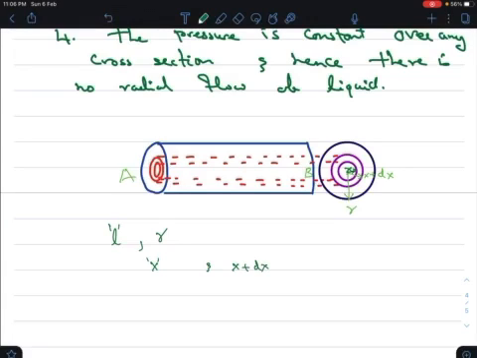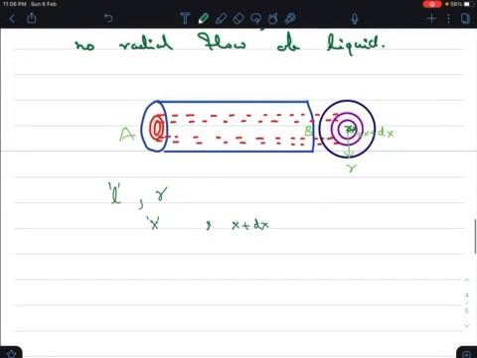Now what is the tangential force acting in the opposite direction to the direction of flow? F is given by eta A dV by dx. Since we are taking the opposite direction, F is equal to minus eta A dV by dx. Let's put it as equation 1.